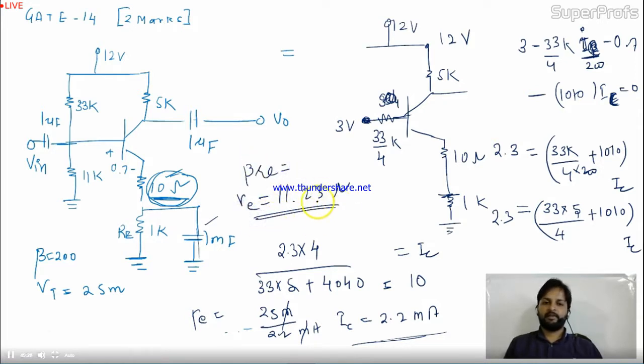You multiply this quantity with 200. Okay, wait a minute, 11.23 multiplied by 200. It will be, I'm sorry, 2.2K. So this portion is over. You calculated beta re. Now we'll put the values into the AC analysis. Let me erase it.